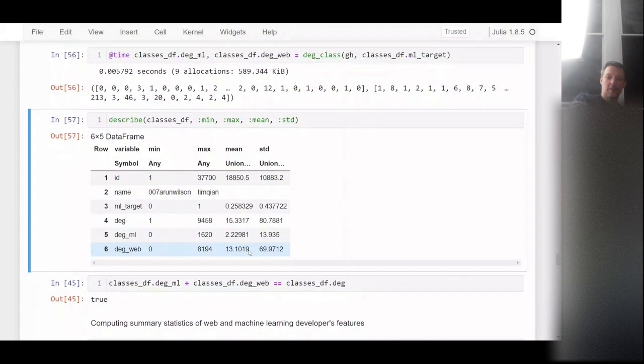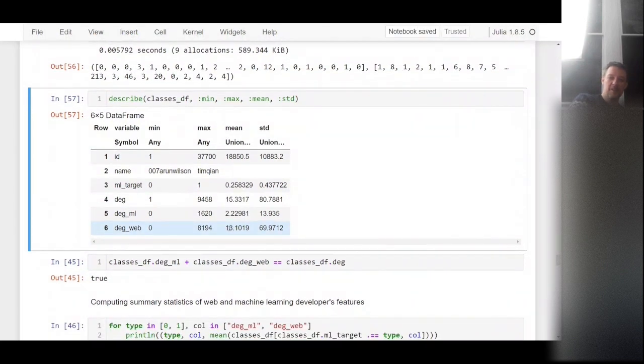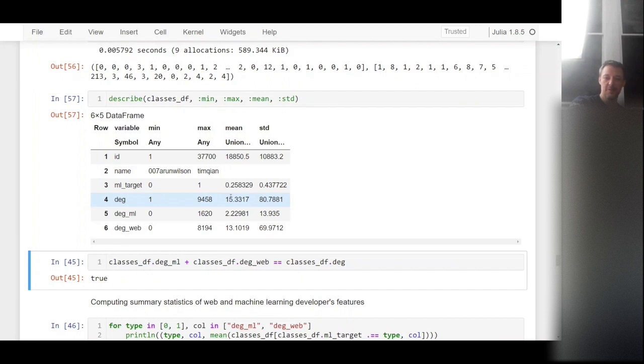One more thing, as you can see, this plus this equals this, because total degree must be the sum of machine learning degree and web degree, which we can also check here. Just this plus this equals this, and we have true. So for each node, adding machine learning and web degree gives me total degree.